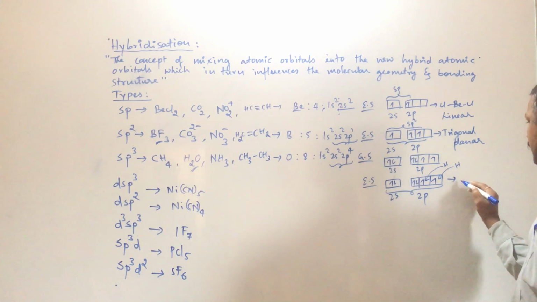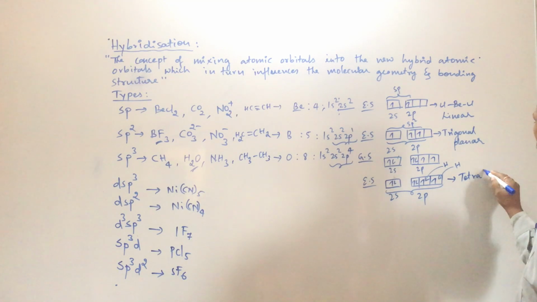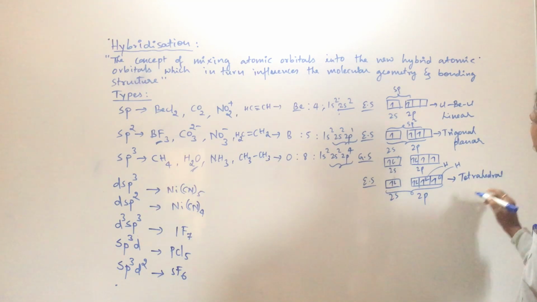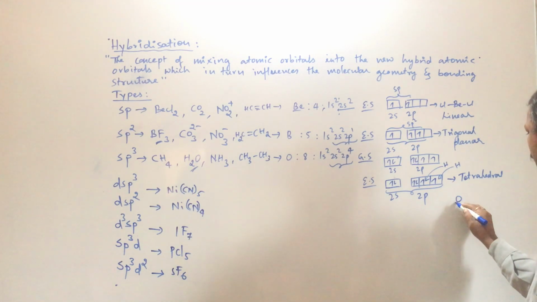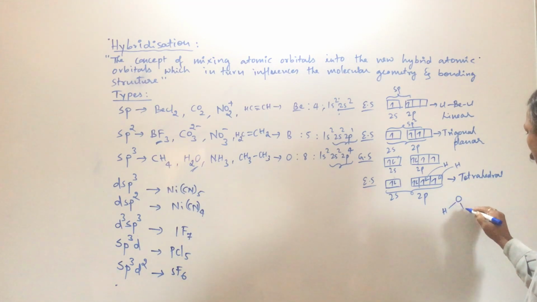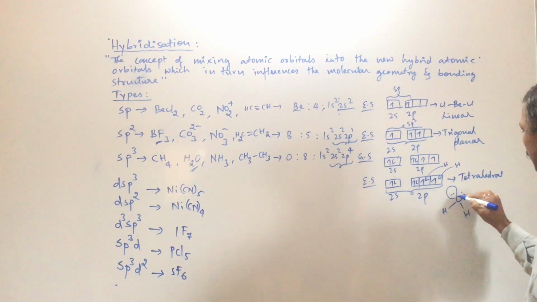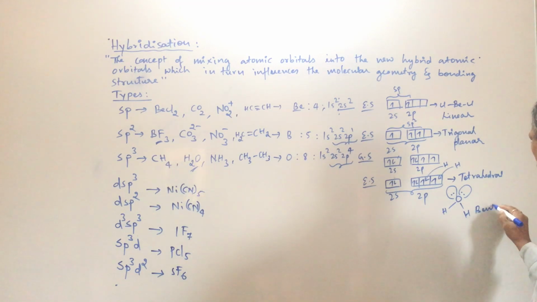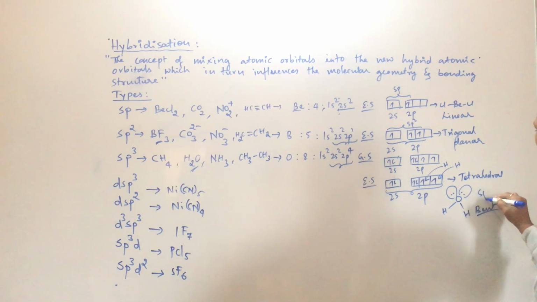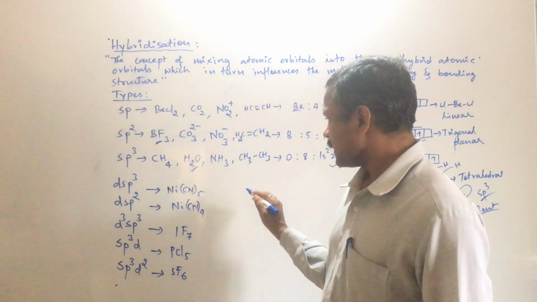Hence it is tetrahedral in structure. The water molecule structure, though it is bent, when considered, the structure is bent, but the hybridization is sp3.